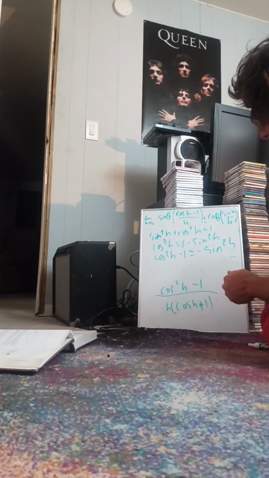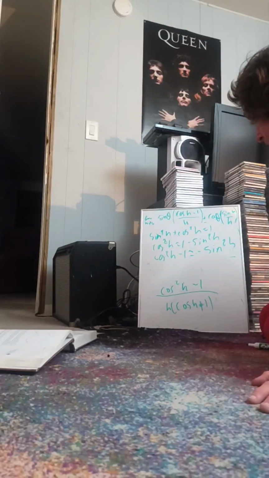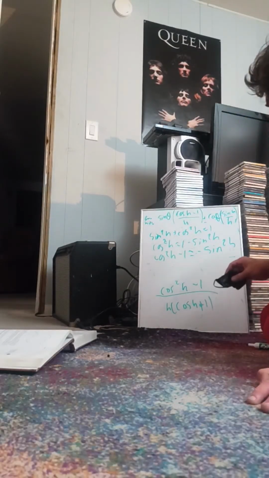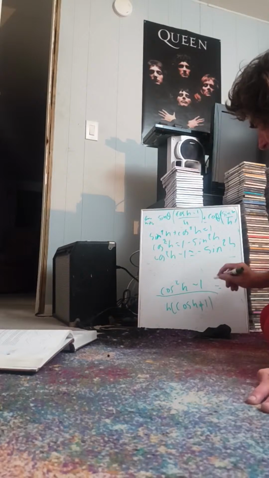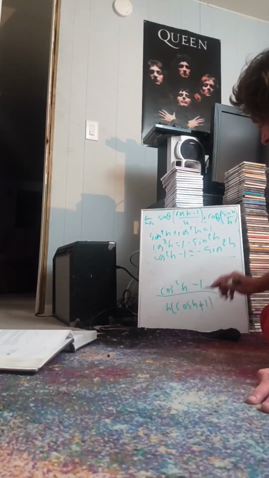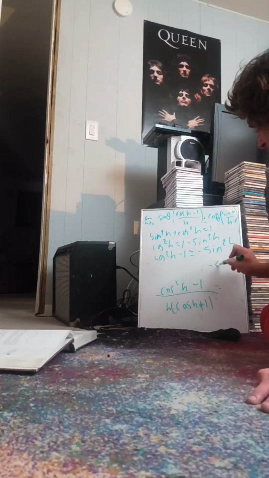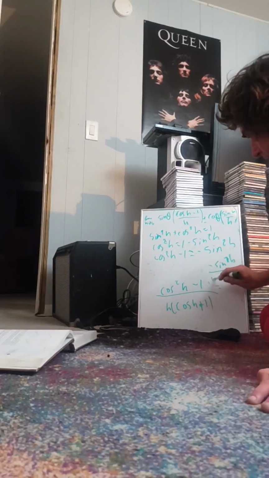So this is minus sine squared h, which allows us to say that this part here equals minus sine squared h all over h times cosine h plus 1.